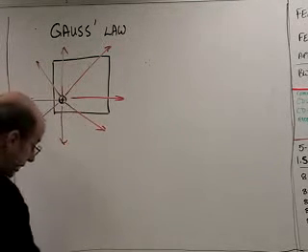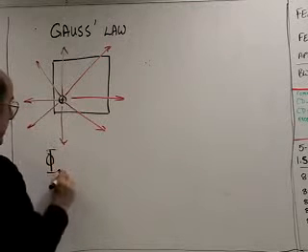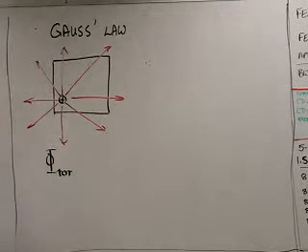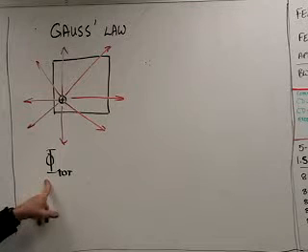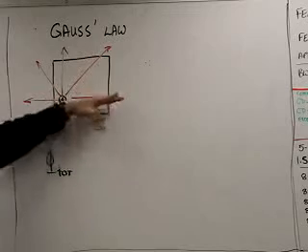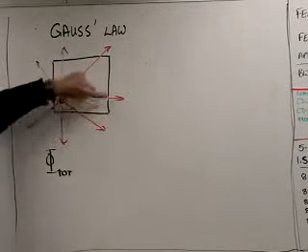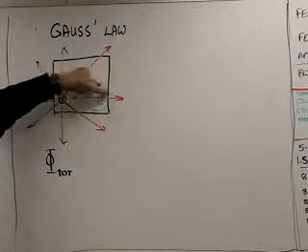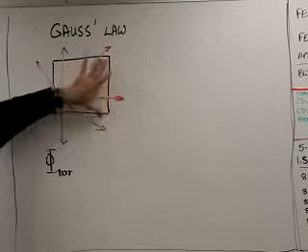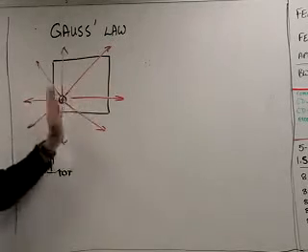I can apply Gauss's law and calculate the total flux coming out of that box. And just looking at it, I would say that would be a pretty complicated thing to do, because the electric field's angle changes at different parts of the surface, and it doesn't have the same magnitude here that it has here. So it'd be kind of complicated to calculate the flux over these 4 areas.